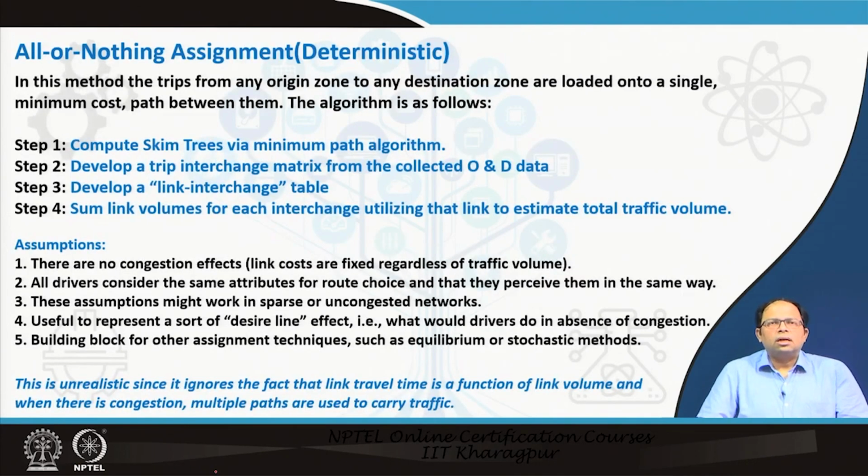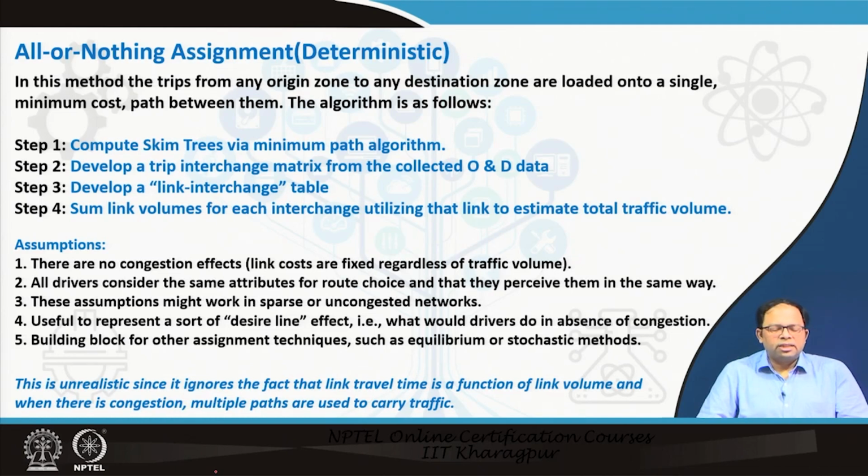The first assignment technique is a deterministic one, and this is known as all or nothing assignment. This is the simplest method. In this method, the trips from any origin zone to any destination zone are loaded onto a single minimum path cost between them. We will discuss the algorithm, but first some assumptions about it.